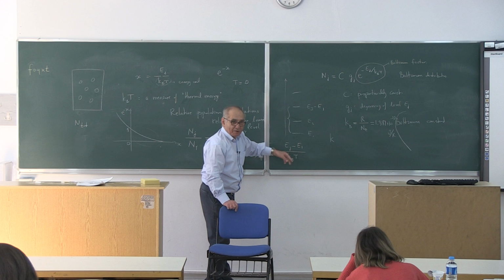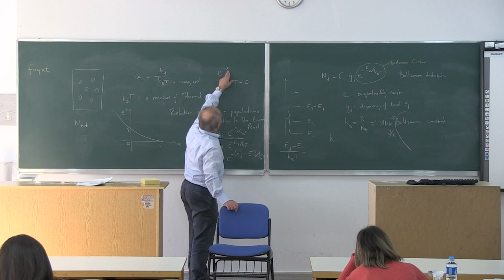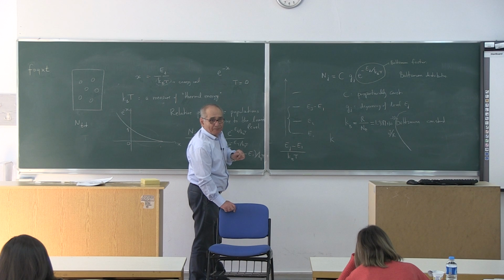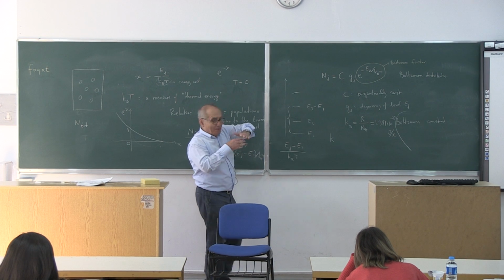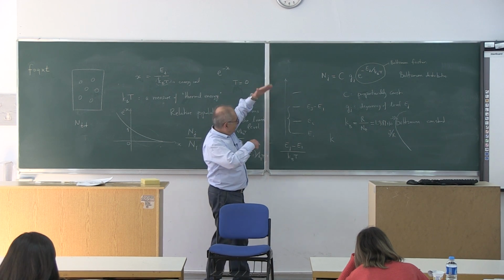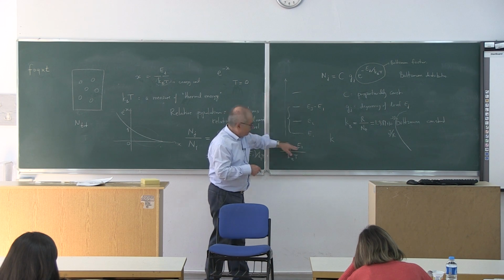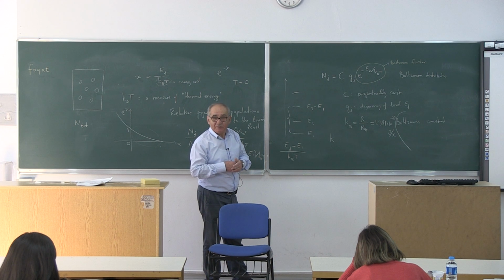Non-zero divided by 0 will give infinity, plus infinity. If x is infinite, the Boltzmann factor is going to be 0. Therefore, all levels Ej which are higher than E1 will have 0 population at absolute 0.